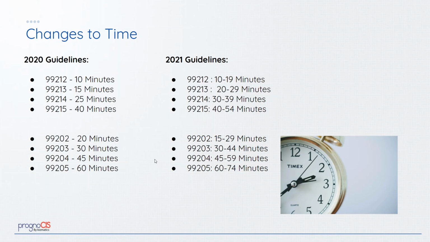So there is a way to reactivate one of the deleted codes so that you can still put it on an older claim. For the E&M codes, any date of service up to December 31st, 2020 would still follow the old rules. Any date of service on January 1st and after, the new rules will apply. So if you have a lot of encounters open, you'll want to keep that in mind.